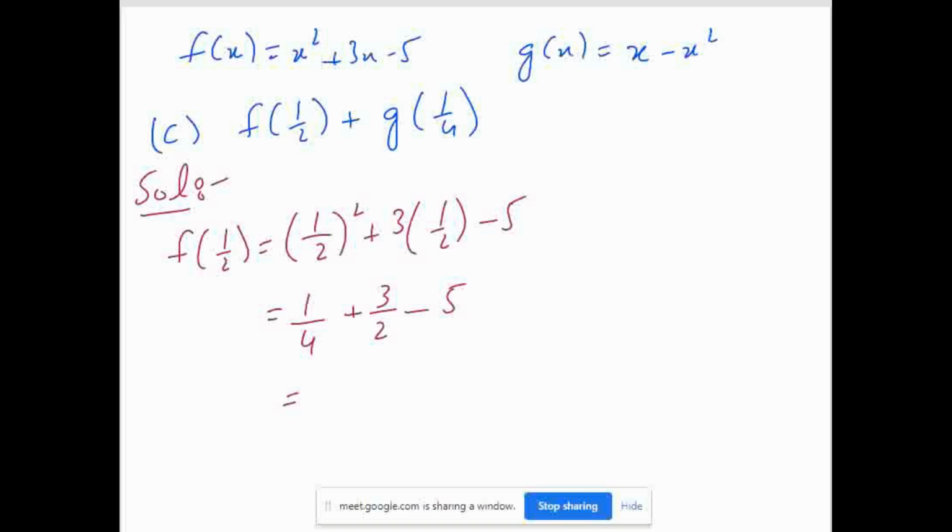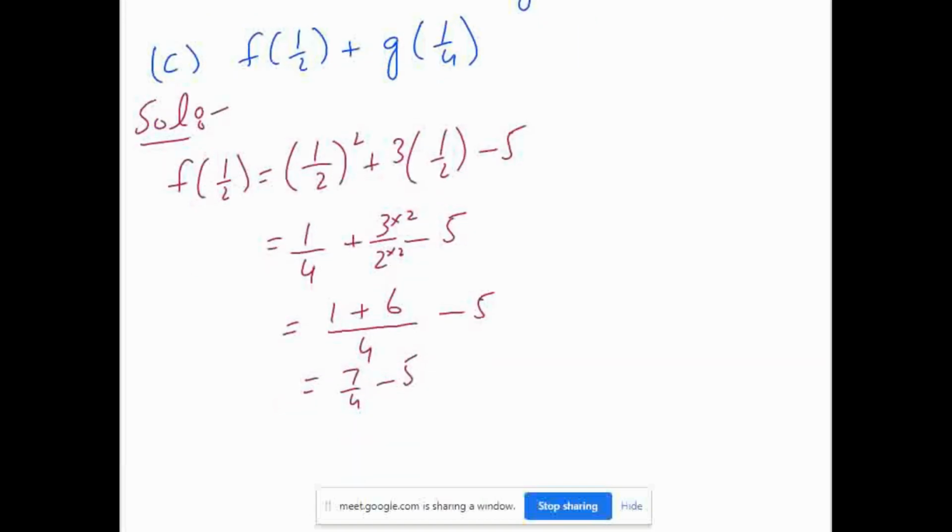Now let's first solve the first two numbers. So this will be 1 plus 6 over 4, because we have to multiply it with 2. So this will be 7 by 4 minus 5.